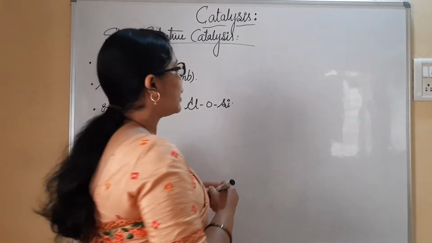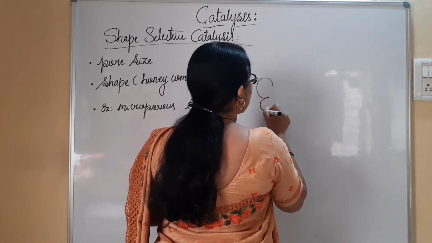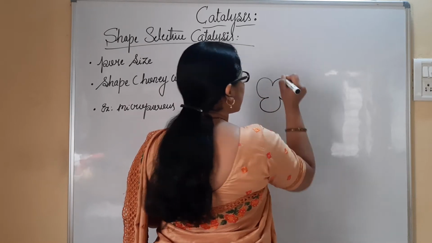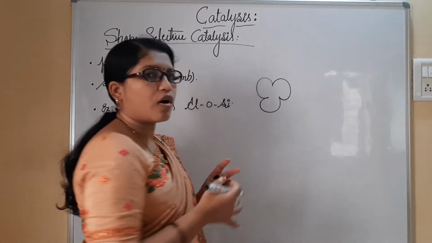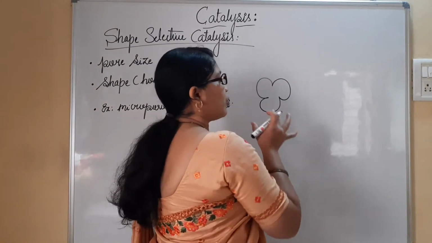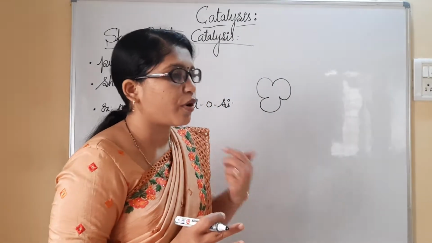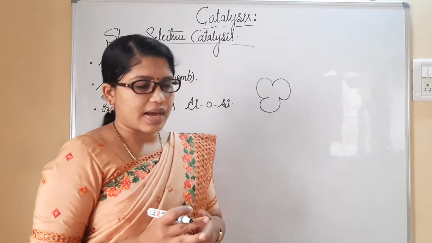I have a catalyst of this shape, somewhat like a flower shape. Now I need to fix a reactant molecule or substrate molecule on this catalyst to perform the catalysis reaction.